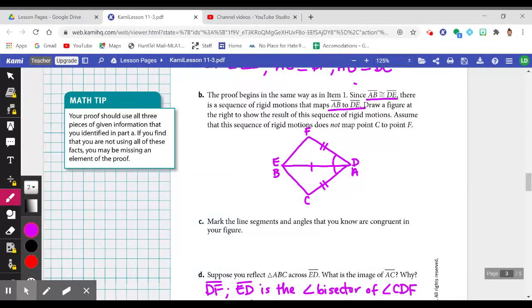So if AB is congruent to DE, we know that line segment AB can map on top of line segment DE. That's why this drawing continues to show back up, because AB is the same length as DE, so we can push those up side by side.